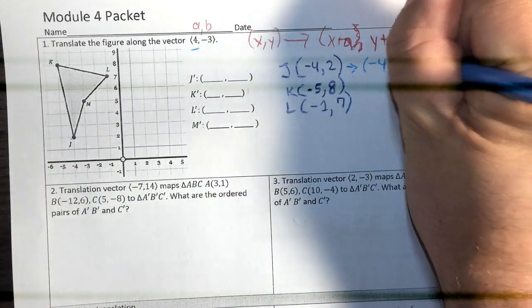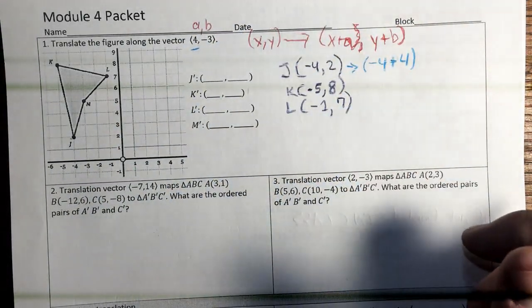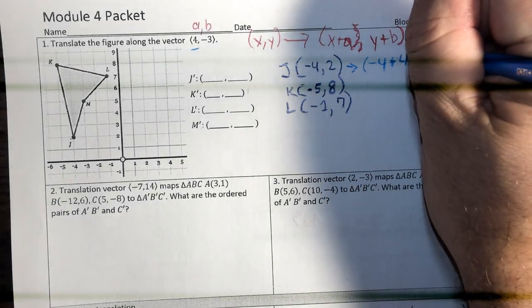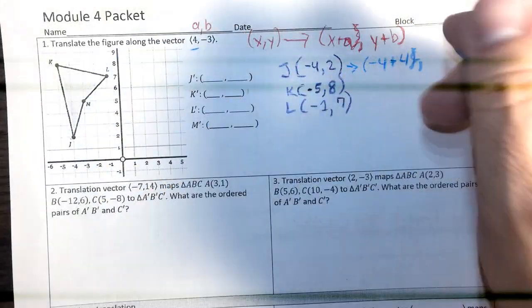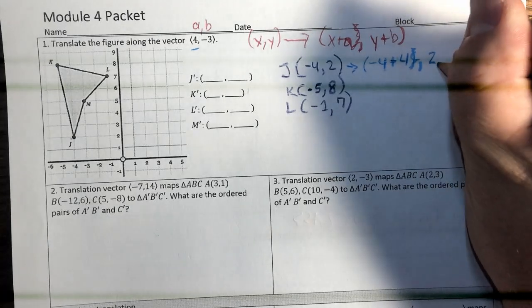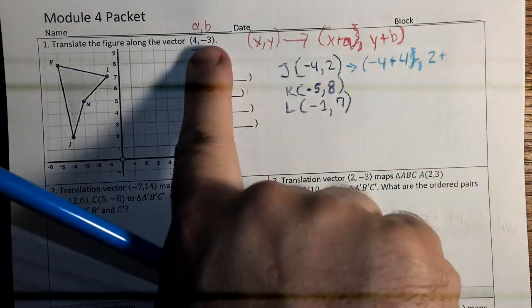So -4 plus 4, comma, your y is 2 plus the b, which is -3.